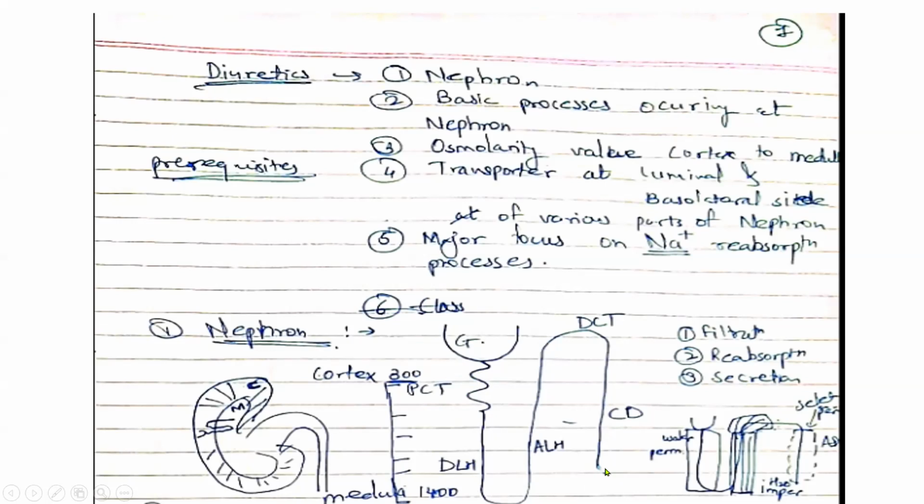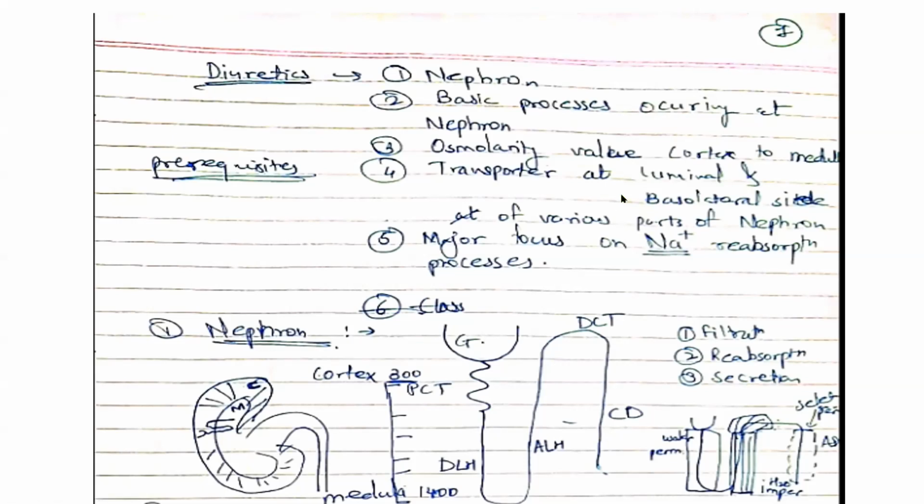These transporters are responsible for influx and efflux of various solutes, or more precisely electrolytes: sodium, proton or H plus, K plus, amino acids, glucose, fluoride, calcium, magnesium. All these are transported with the help of transporters.